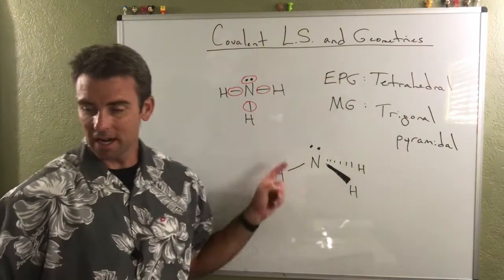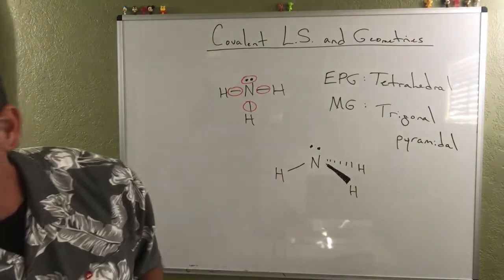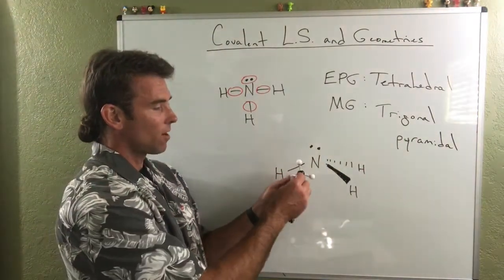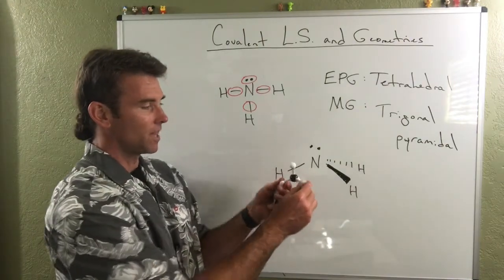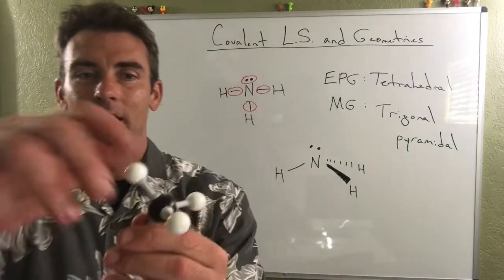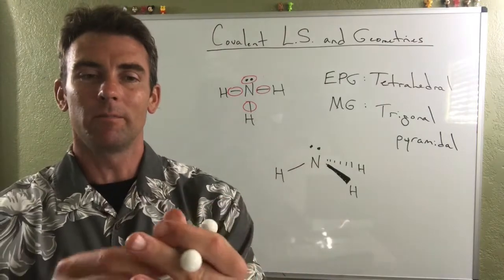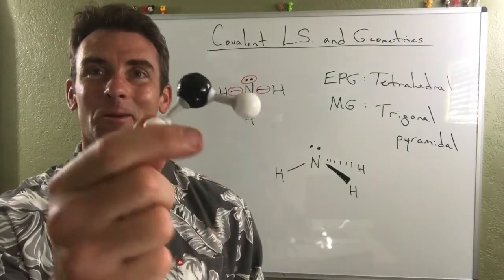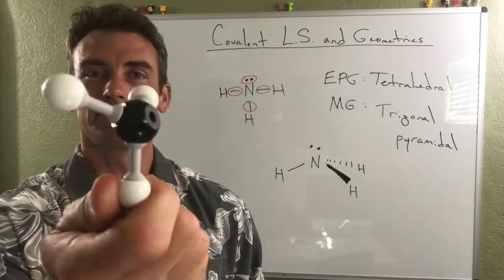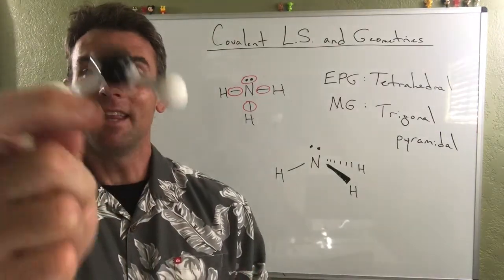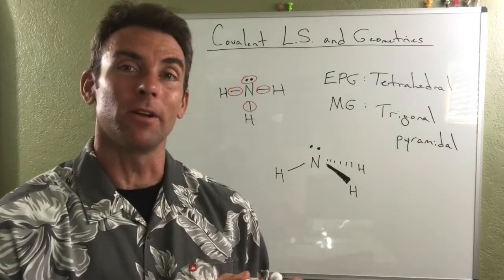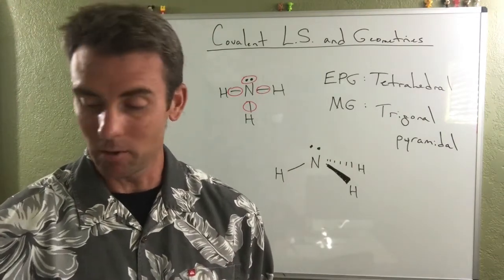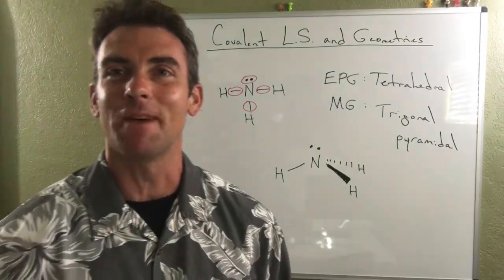There's still 109.5 degrees right there. And so really what we've done with our original carbon thing that used to look like this is we've removed one of the bonds. So now we just have this little trigonal pyramidal thing. Okay? And then if we go one step further, and we'll go to water, and then we'll finally be done with this madness.